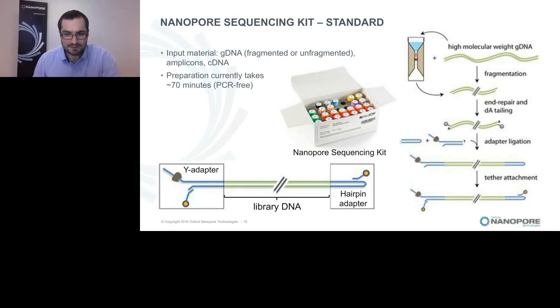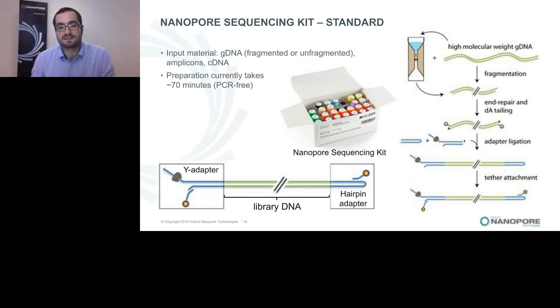So I mentioned briefly about users being able to shear or not shear their DNA. So just to return to that, unless you need very long reads, in other words, reads that are greater than 20 kb in length, then we would normally recommend shearing. The reason for this is that it means that you're able to bring all of the fragments into a uniform range, which is below the sort of size where you may get unwanted shearing during the prep.